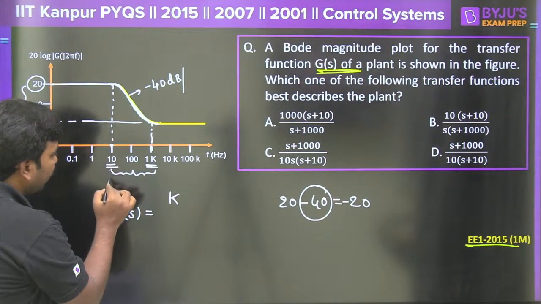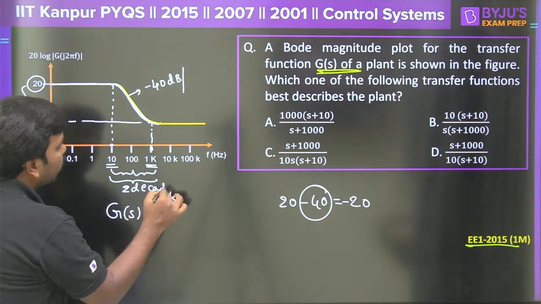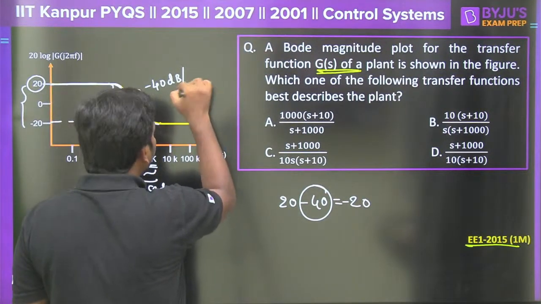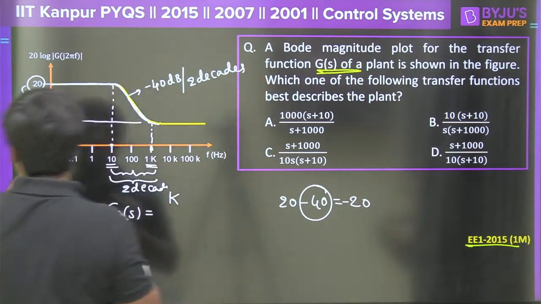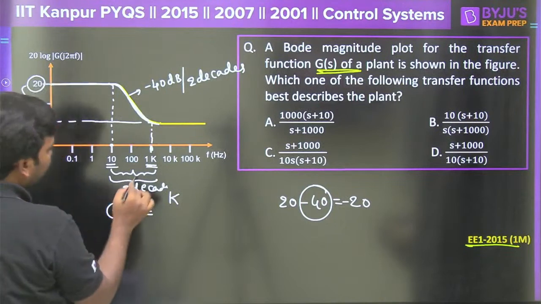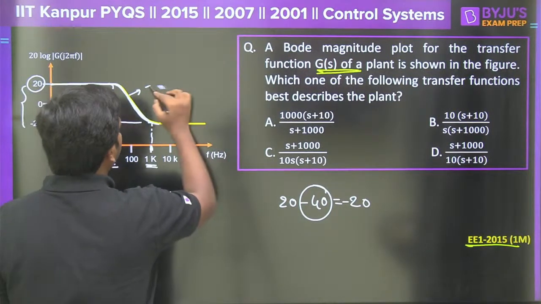So from here to here it is about 2 decades. Therefore I can say minus 40 dB divided by 2 decades, which quite logically becomes minus 20 dB per decade, correct?